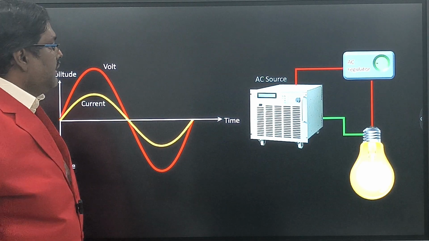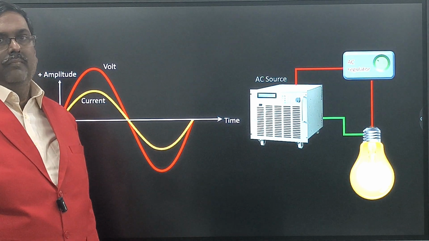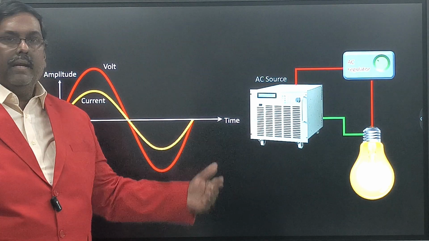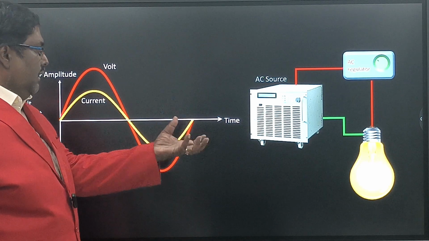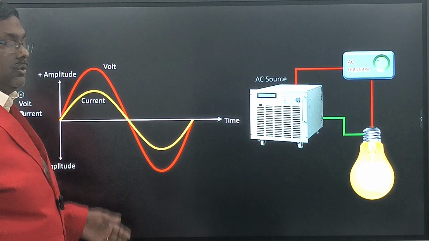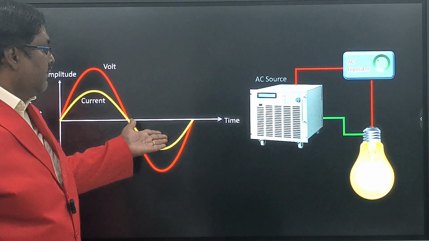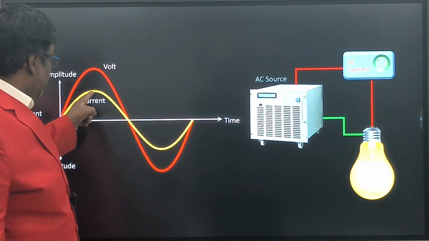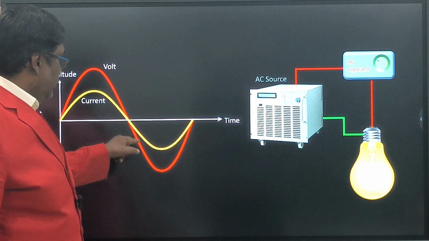Now I am increasing still more. See, the current went to the maximum. Above this it will not go because the bulb requires only that much current. If you increase further, there is no change in the bulb glow and no change in the current. Now you understand how the current is changing. The current changes from 0 to maximum, then 0, then the negative direction.